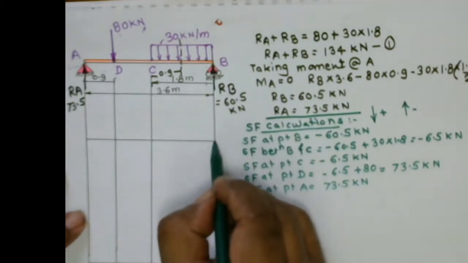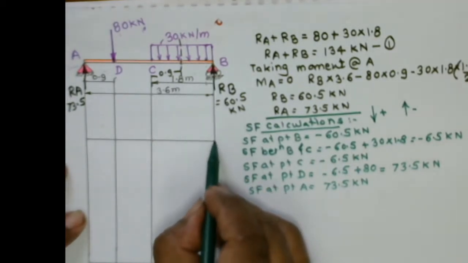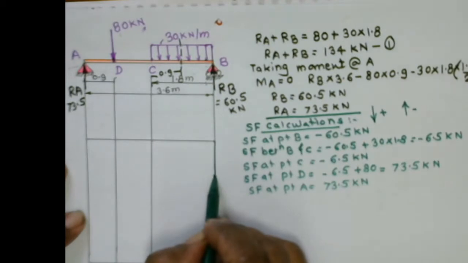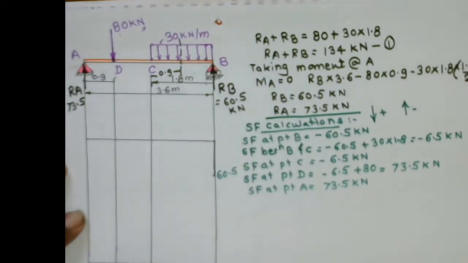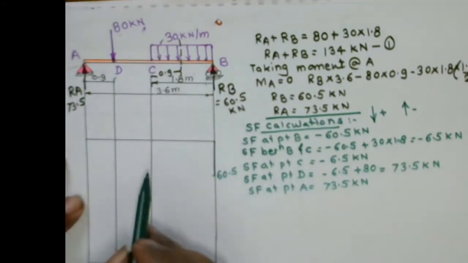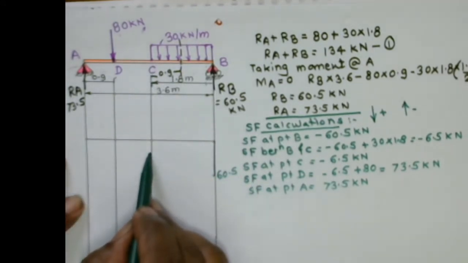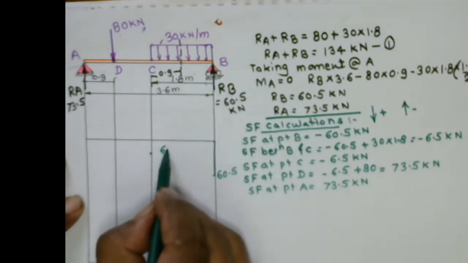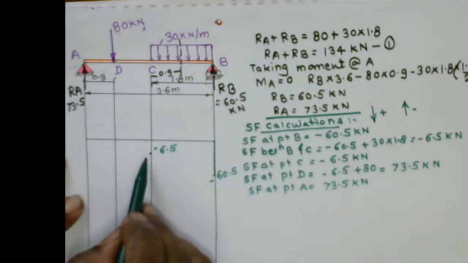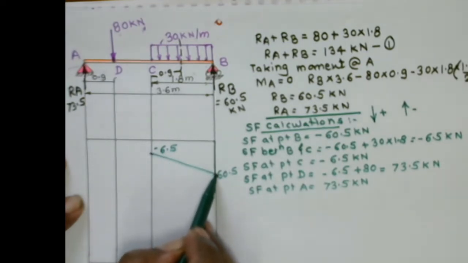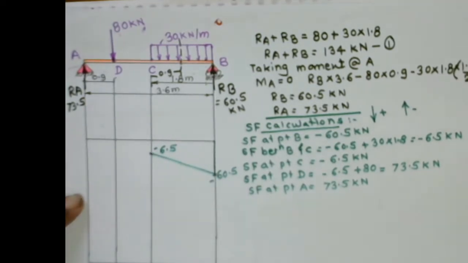At point B it is minus 60.5, so we mark it on the negative side. Between points B and C there is a UDL, and at point C it is minus 6.5, so they are joined by an inclined line.